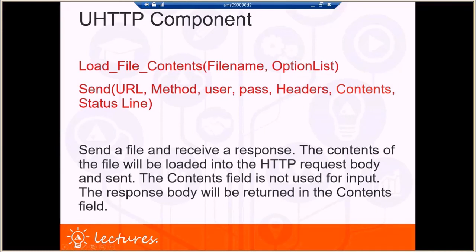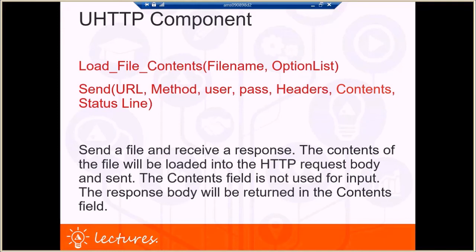So to transfer files, we have introduced for upload a new operation called load file contents, and you call this before the send, and this declares to the send that the body of the HTTP request that it will send is not going to come from the contents parameter, but that it should be filled with the contents of the file that was declared in the load file contents operation.